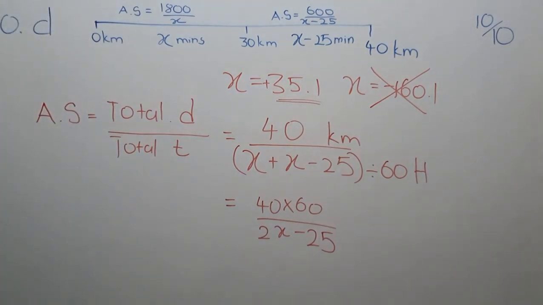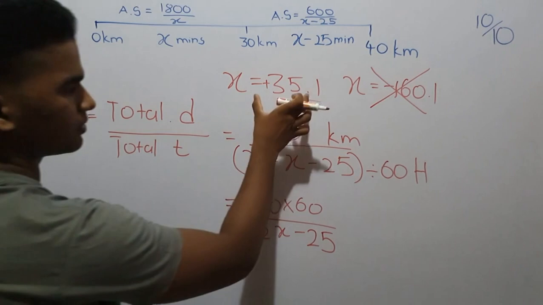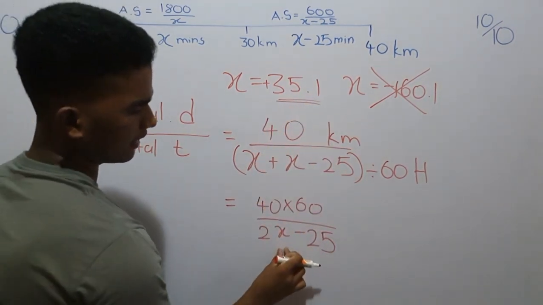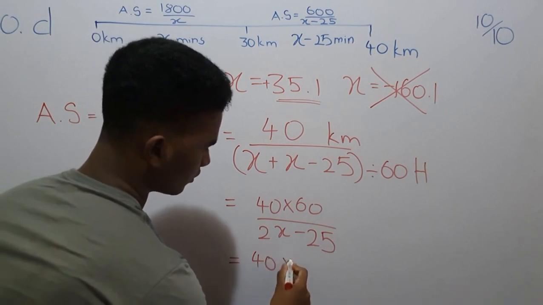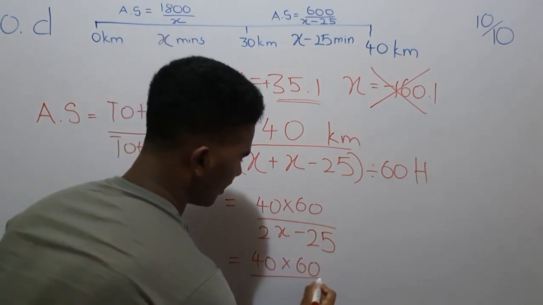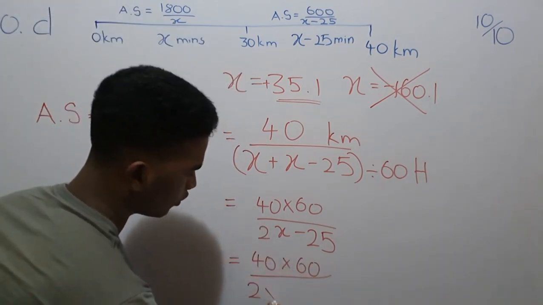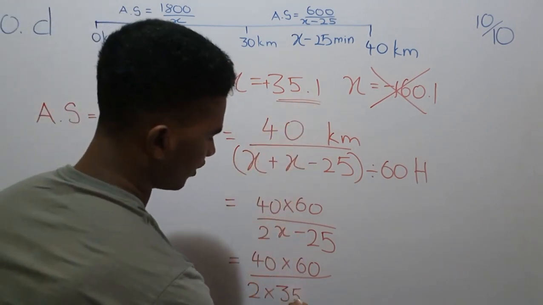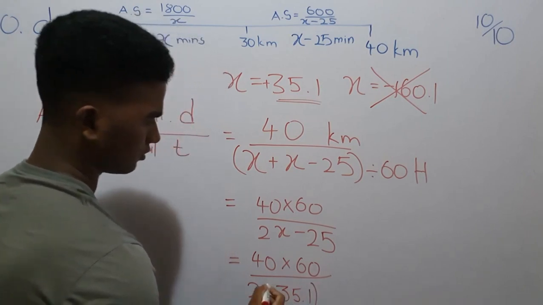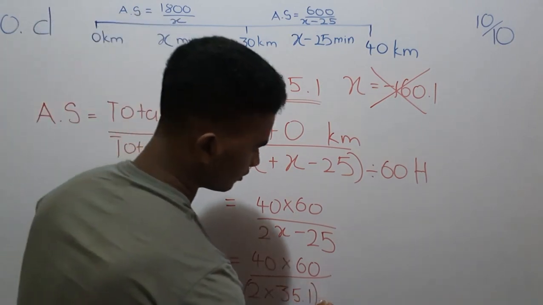So now to get the total full answer, we should substitute this 35.1 for x. 40 into 60 divided by 2 into 35.1 minus 25.